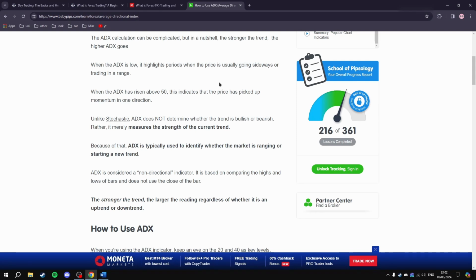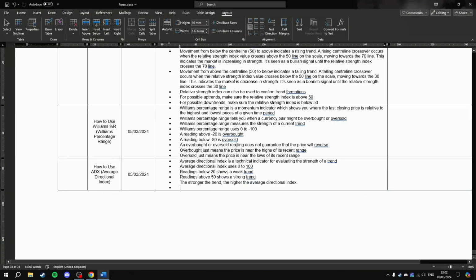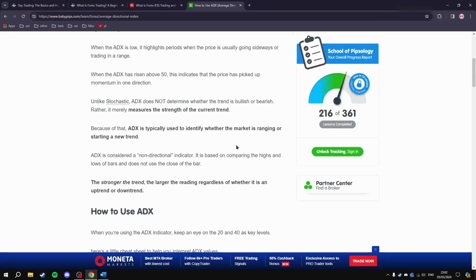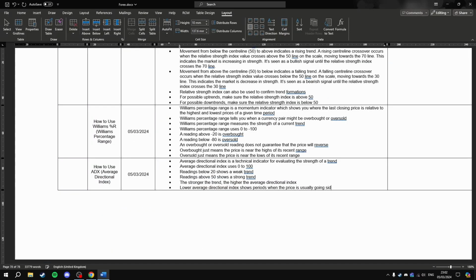When an average directional index is low, it highlights periods when the price is usually going sideways or trading in range.